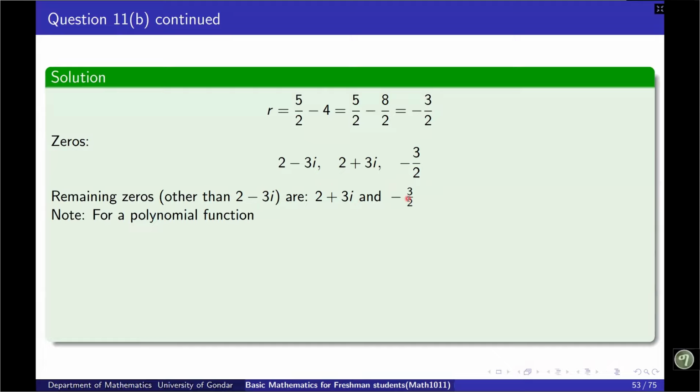Generally, for any polynomial function, p of x is equal to a times x to the power of n plus so on, that is the general formula.